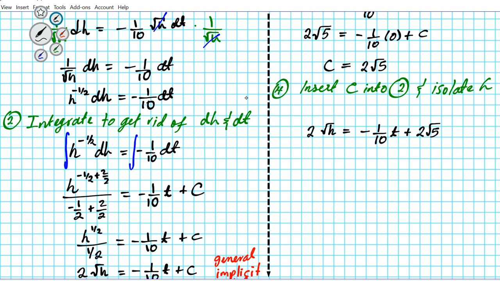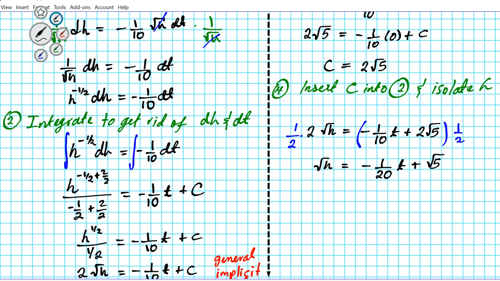Okay, let's do it. Since we have fractions on this side, let's do it this way. What we're going to do, ladies and gentlemen, is multiply both sides of our equation by 1/2, which is equivalent to dividing by 2, multiplying by its reciprocal. So these 2's divide out, so we have root h is equal to negative 1 over 20 t plus root 5.